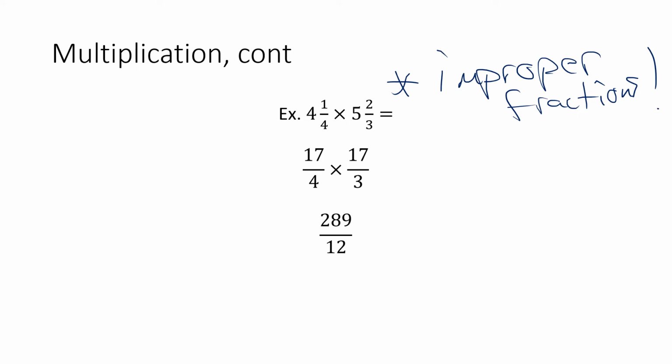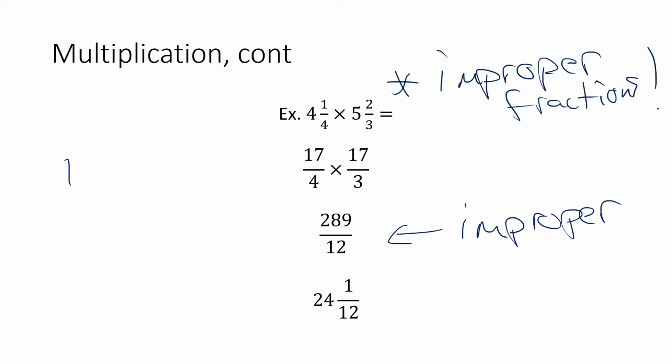So now that we've multiplied, make sure that you finish up your problem. What kind of fraction is this? This guy's improper. We have to convert it to a mixed number. And how do we do that? How do we go from an improper fraction to a mixed number? We're going to divide.